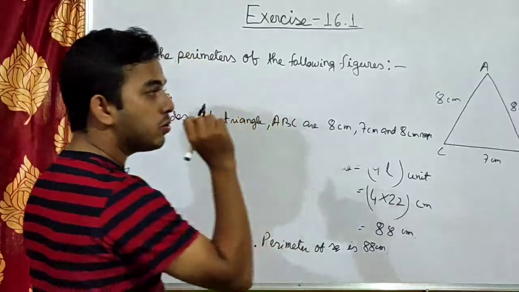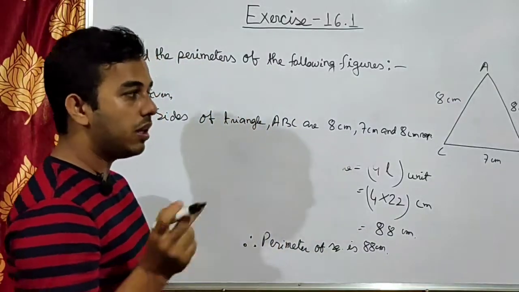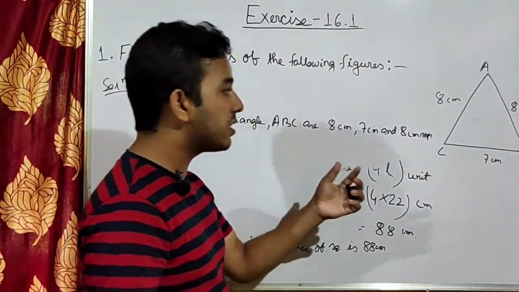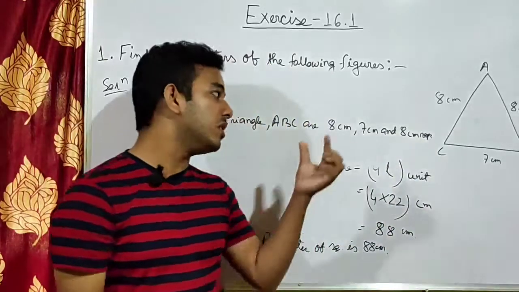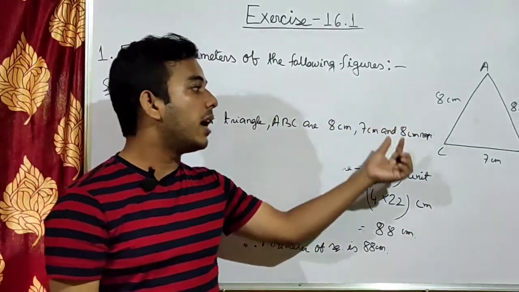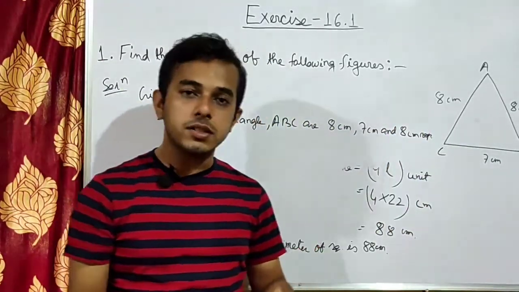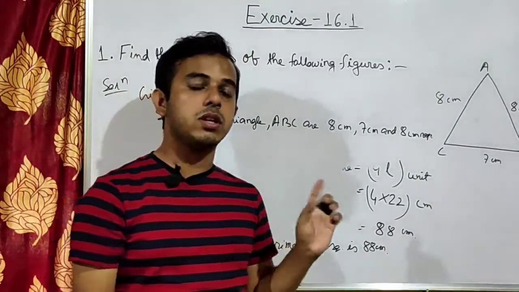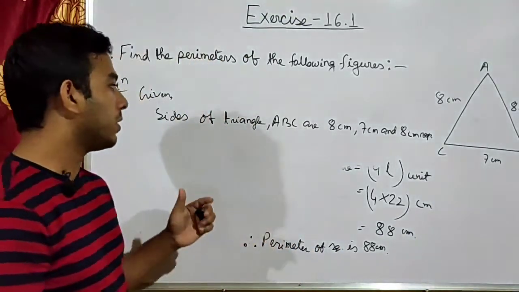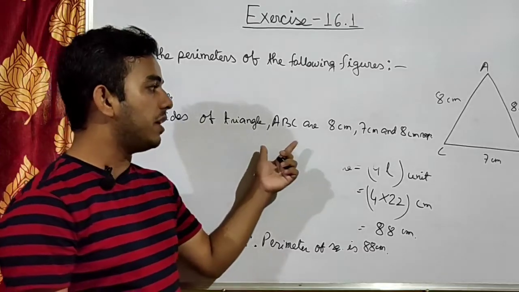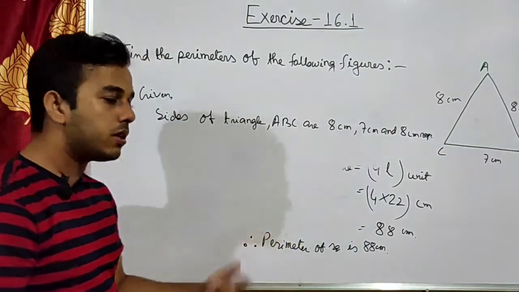Respectively means what? The first side AB is 8 centimeter, the second side BC is how much? 7 centimeter, then the third side AC is 8 centimeter. So sides of triangle ABC are 8 centimeter, 7 centimeter and 8 centimeter respectively.